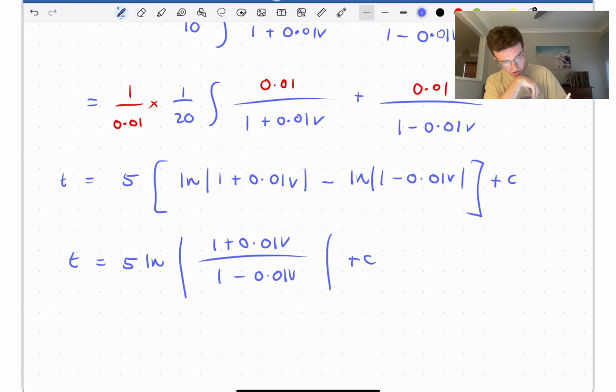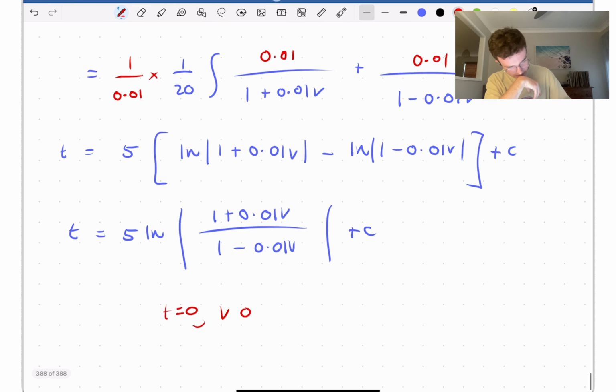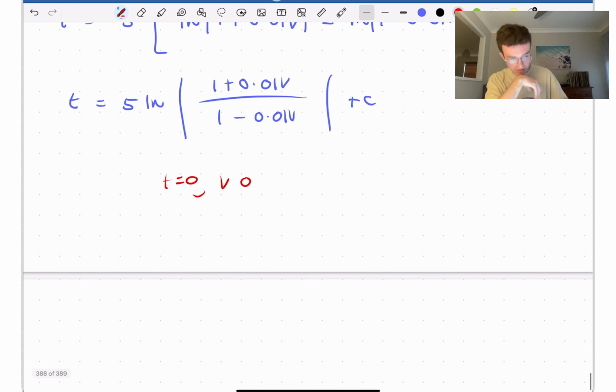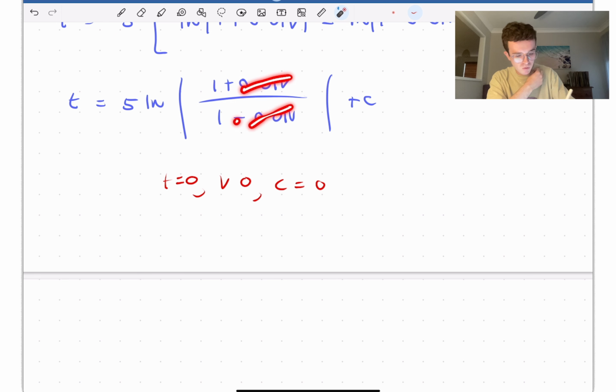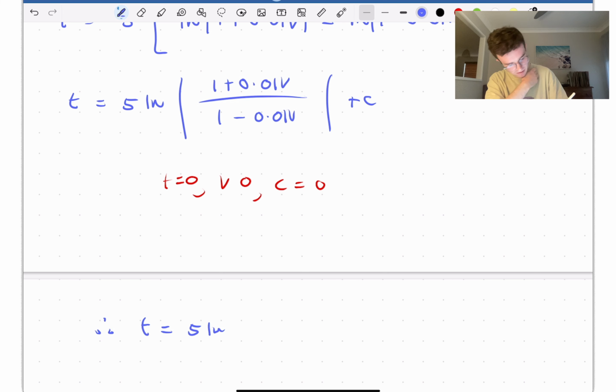Now we know that when time is 0, velocity is 0, and we can see, obviously, that c is going to be 0. If we put 0 here, it's going to be ln of 1 over 1, and ln of 1 is 0. So therefore, my equation is t is equal to 5 ln of 1 plus 0.01 v on 1 minus 0.01 v.